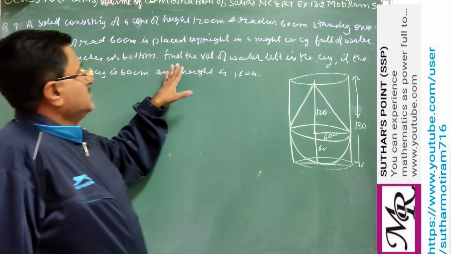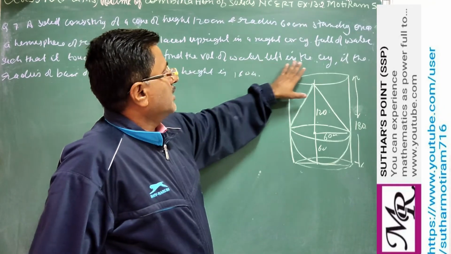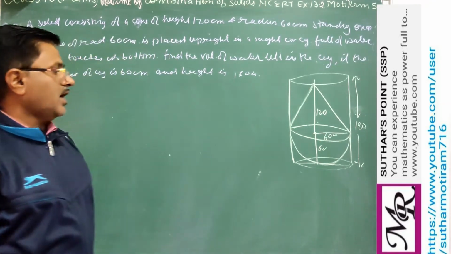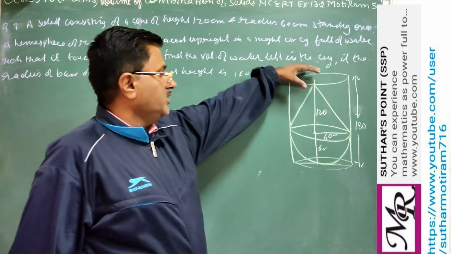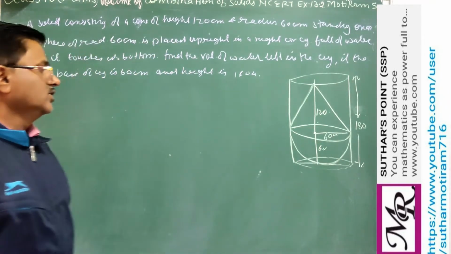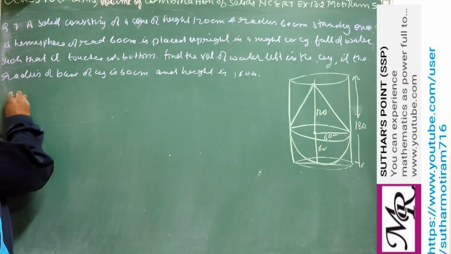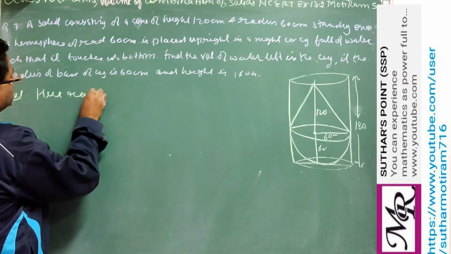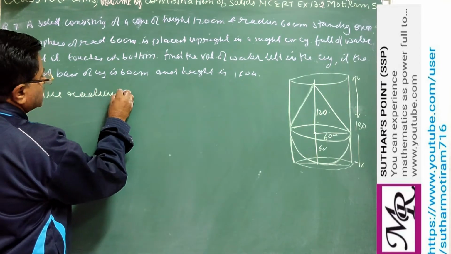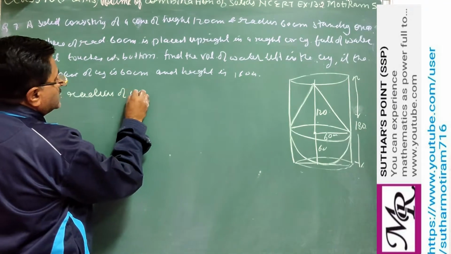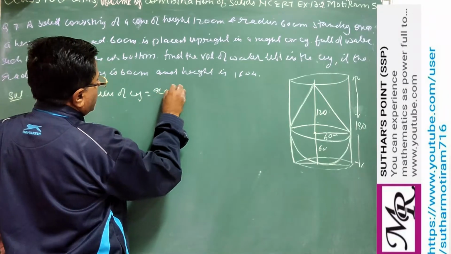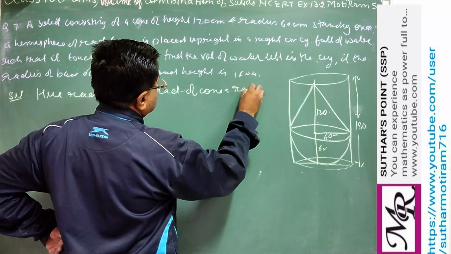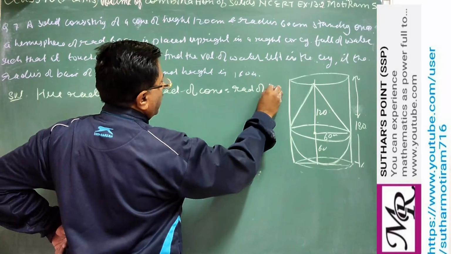So you can see, find the volume of water left in the cylinder. So what quantity of water is left after placing this solid inside the cylinder. So here we write the dimensions in the solution. Here all radii are equal: radius of cylinder, radius of cone, radius of hemisphere.